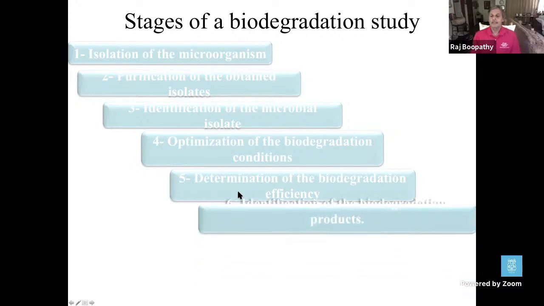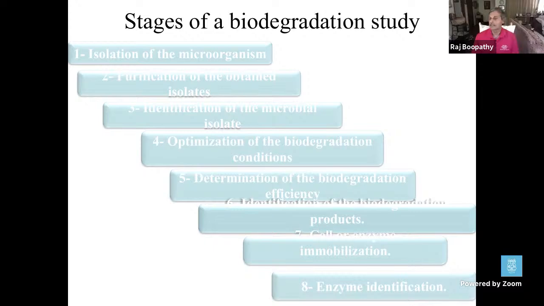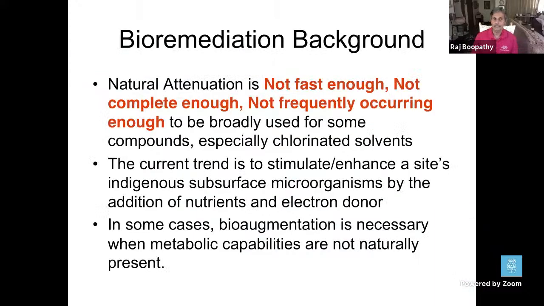And then you can identify the whole metabolic pathway. Then you want to make sure that you're not accumulating intermediates instead of degrading the compound. And if you want to do some enzyme study, you can do an enzyme study, and then you can do a more detailed pathway. That's the more basic aspect of it, just to know what is going on in the site, okay?